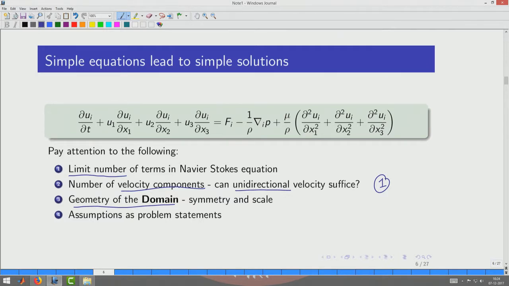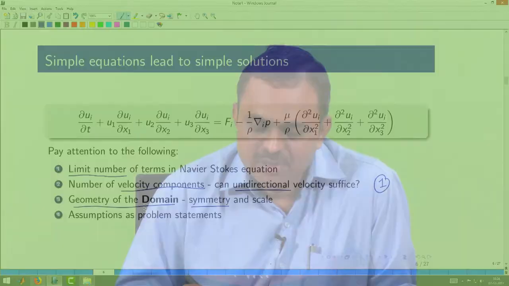And symmetry principles sometimes help us. For example, axis symmetry will help us reduce the number of variables in the cylindrical coordinate system. The theta can just be dropped out of our problem because the solution appears to be axis symmetric in nature.